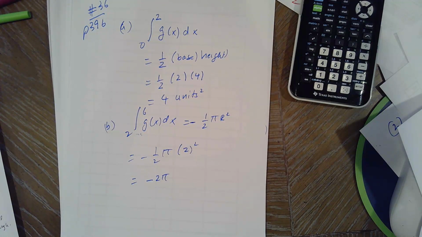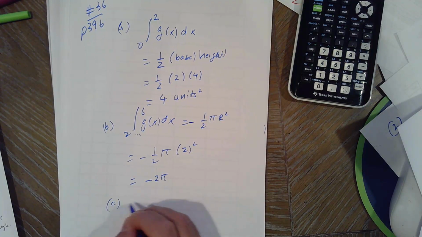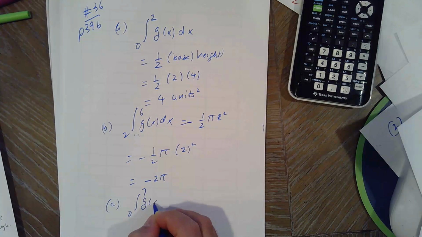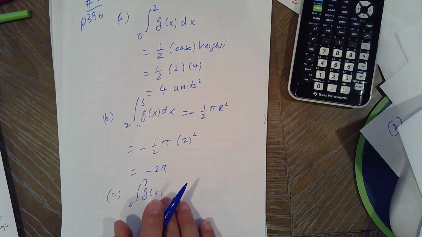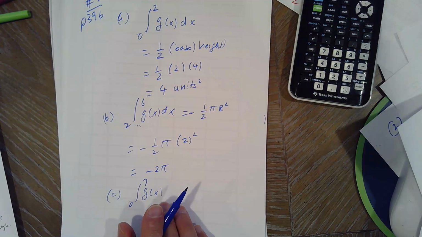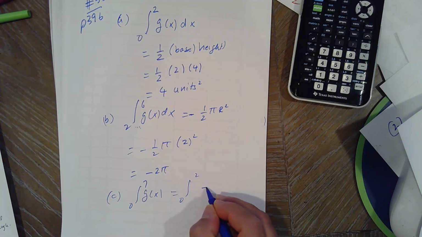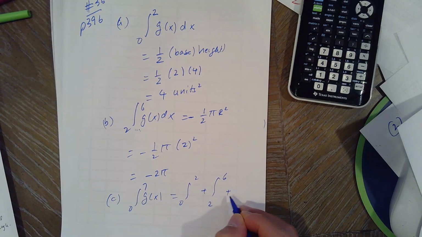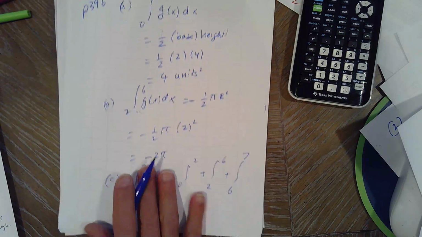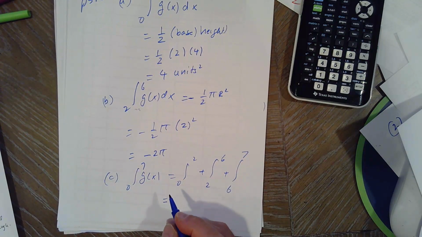And part C, from 0 to 7 of g of x. So we already got from 0 to 2, and we got from 2 to 6, and then we're going to do 6 to 7. That's what we're going to do. So from 0 to 2, what was from 0 to 2? 4.